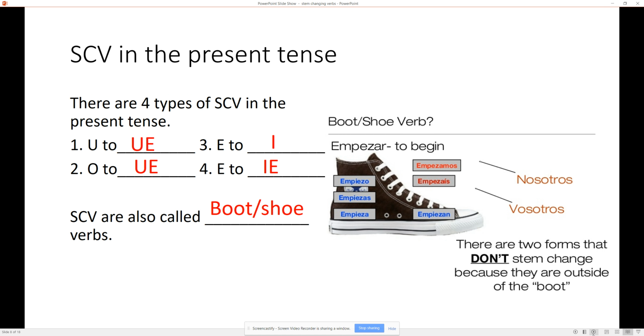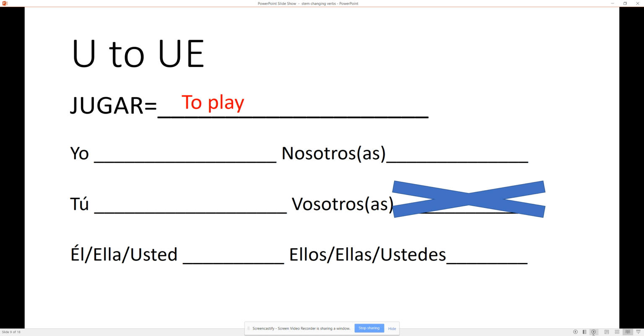They stay the same. As you can see here with the word jugar, we went over this word in the sports and hobbies unit. You can see here, yo juego, tú juegas, él juega, nosotros jugamos, and juegan.